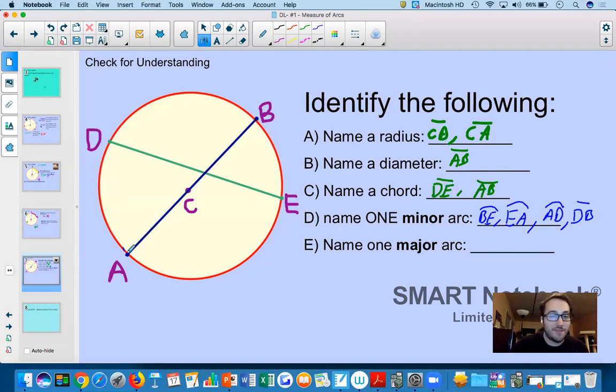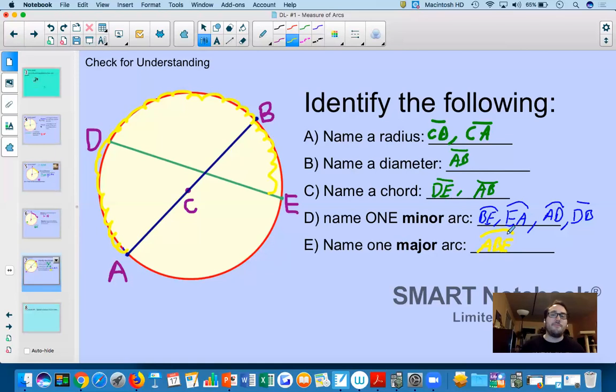So we could say from A to B to E. I'll highlight that for you. So A to B to E would be considered a major arc because it's an arc that's greater than half the distance around the circle.